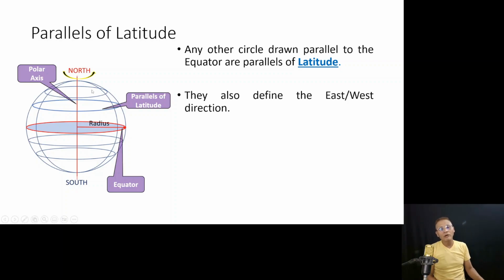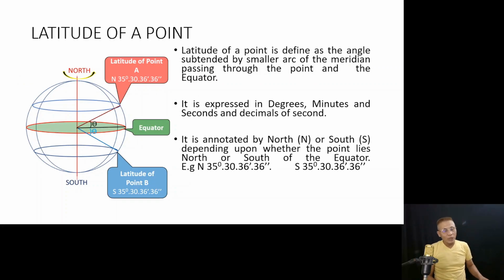These lines, which are parallel to the equator, are known as the parallels of latitude. Since they go in the east-west direction, they also define the east-west direction. So now, after having seen the parallels of latitude, coming back to my point once again, how do we define the position on the earth?